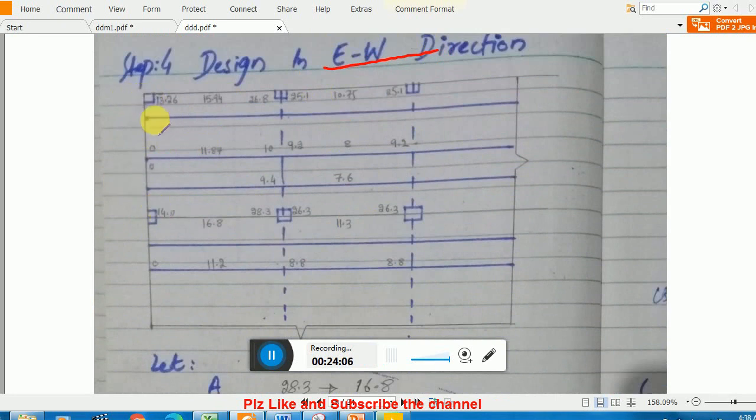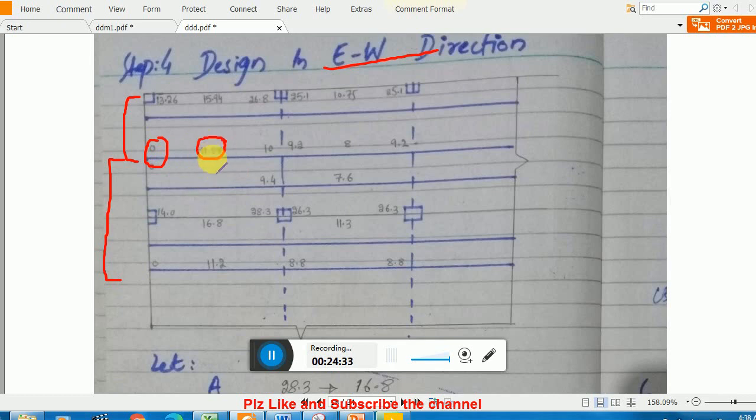At the final stage you have to combine your exterior frame and your interior frame. So you have to join them. Now you see, this is the meeting line of the exterior and interior frame. Here you see 0, 0. Here you see 11.87. We ignore the movement of the interior frame because that is smaller than this one.